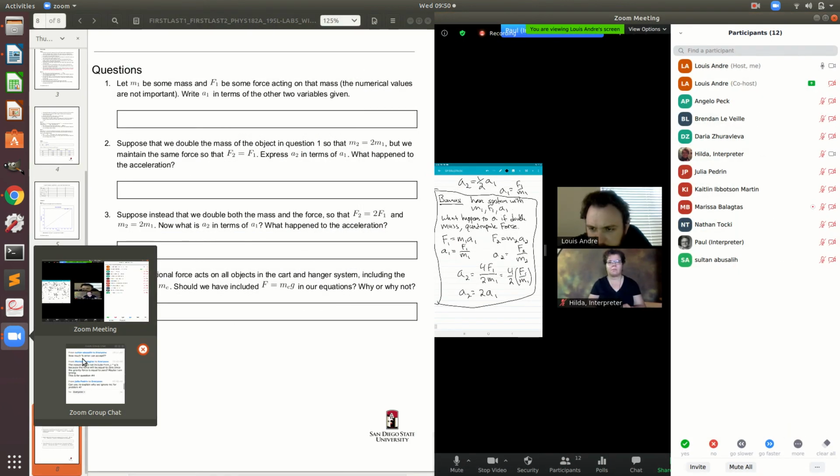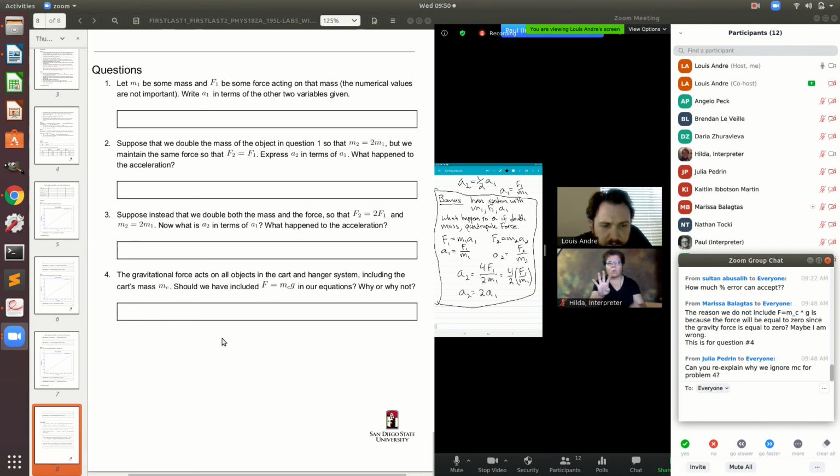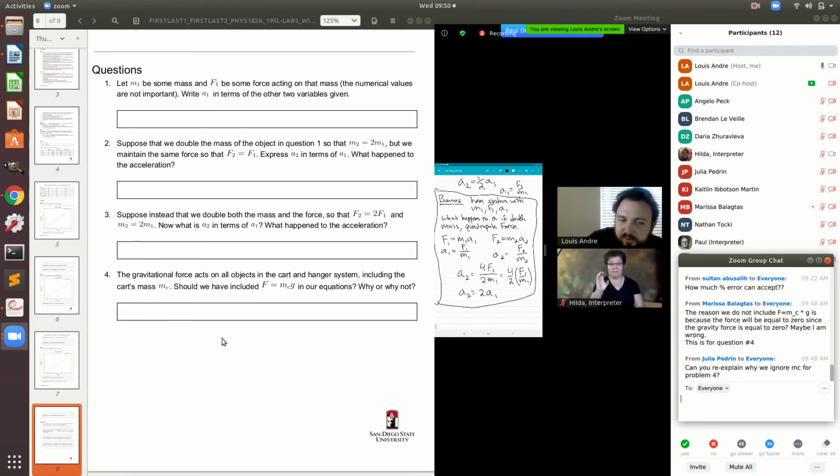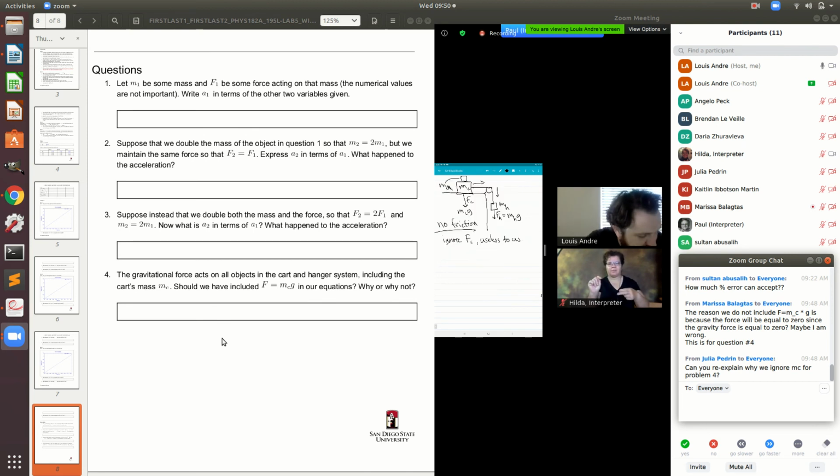Problem 4. Okay, so mcg would be the force. Well, actually, mcg would be the weight of the cart. Okay, so that's another way to think about it. F equals mcg equals weight of cart.